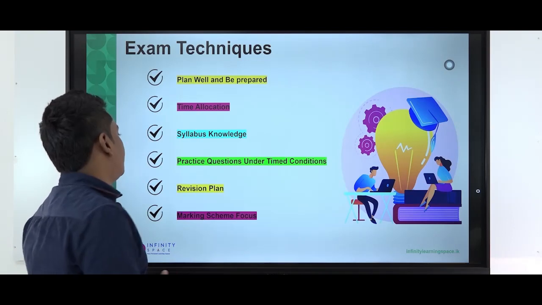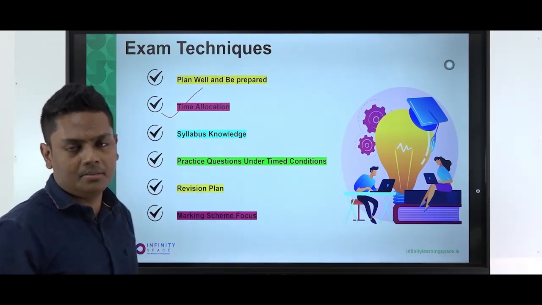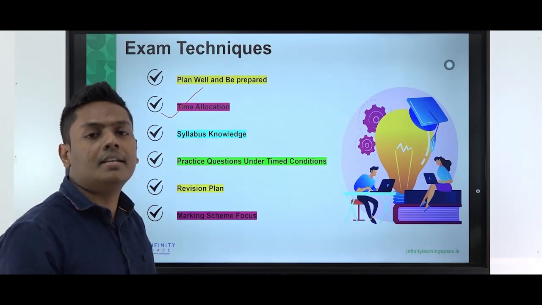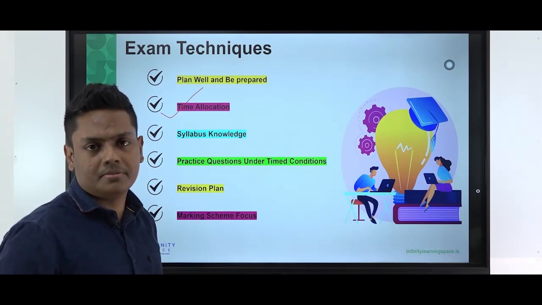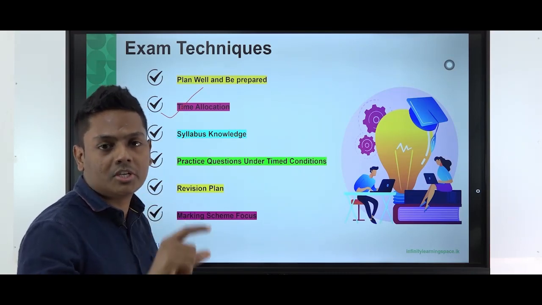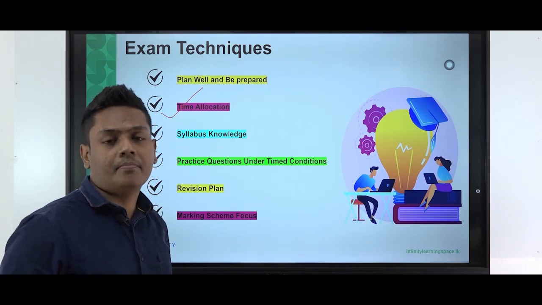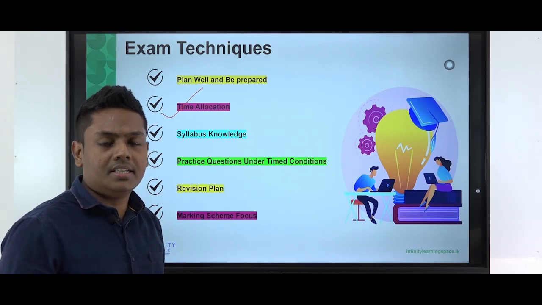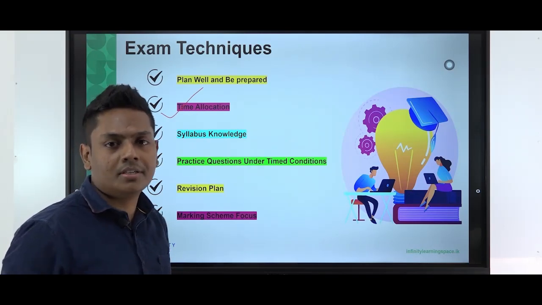And the second thing is time allocation. There will be 50 questions, and you need to understand the time: 2 hours are allowed for these 50 questions. So you should have a plan for how much time you will spend per question. If you cannot complete a question within its allocated time, you should not delay yourself.